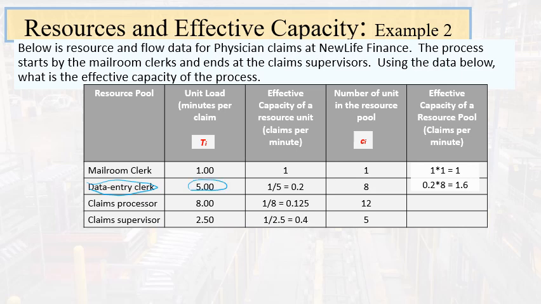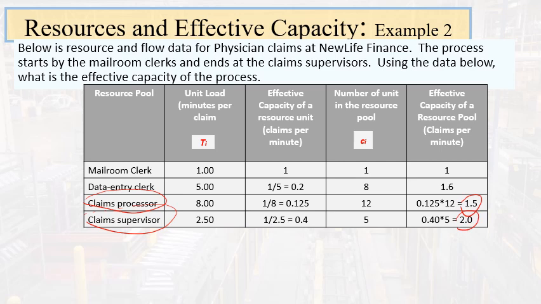So the effective capacity for the resource unit is 1 over 5.2. And then we multiply it by 0.8 to get the effective capacity of the whole resource pool. Now we do the same thing for the claim processor and supervisor, and get 1.5 and 2.0.